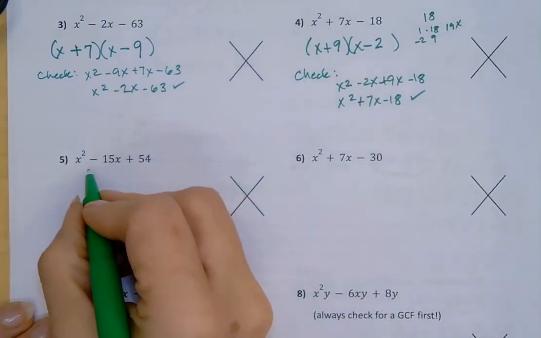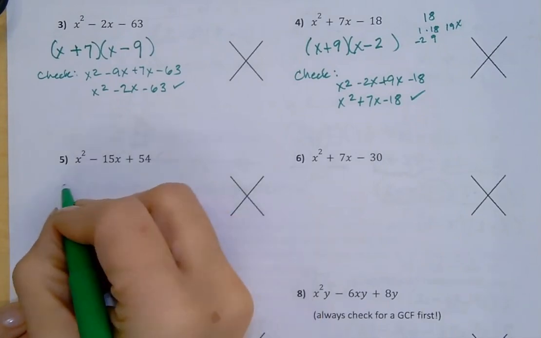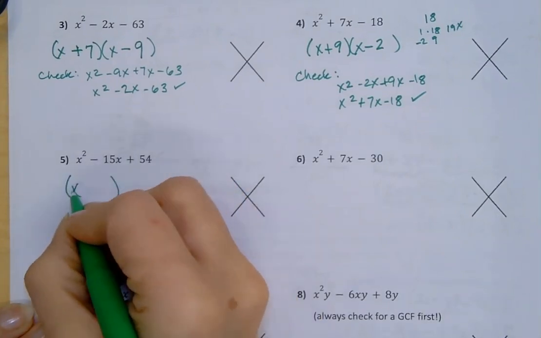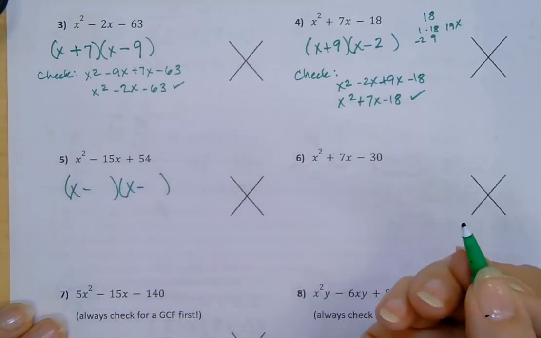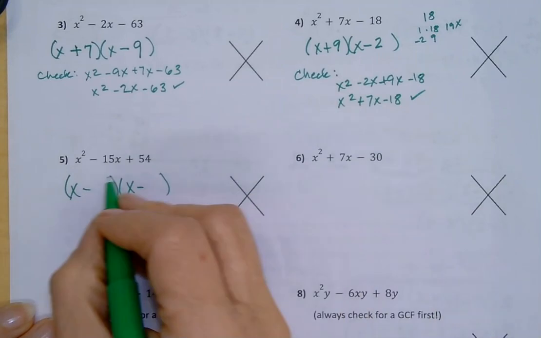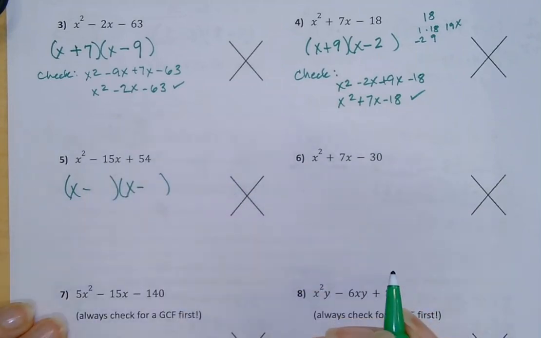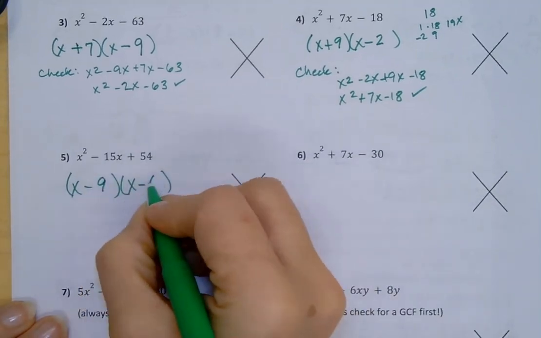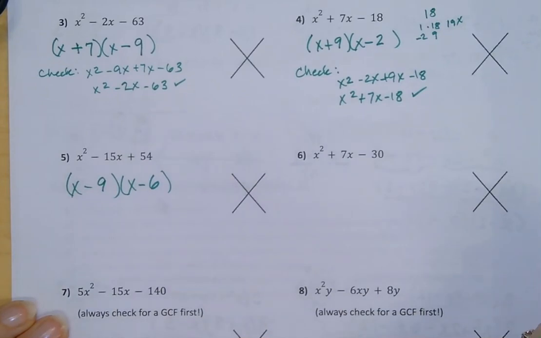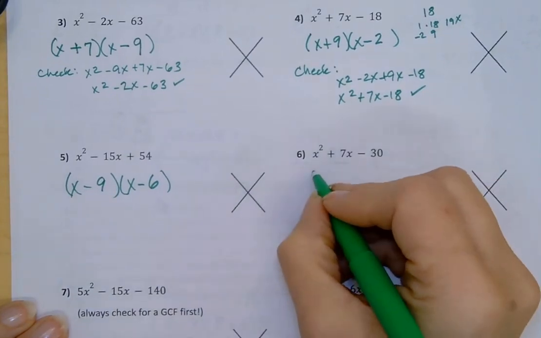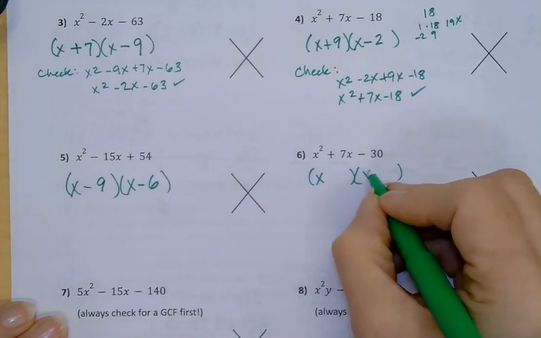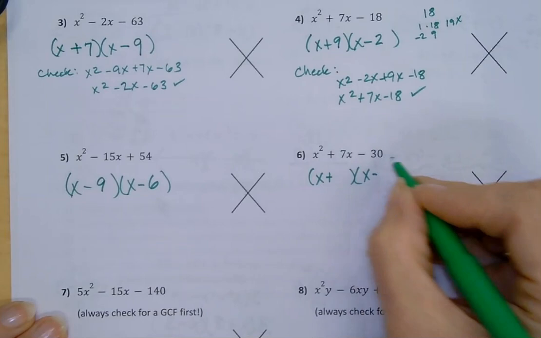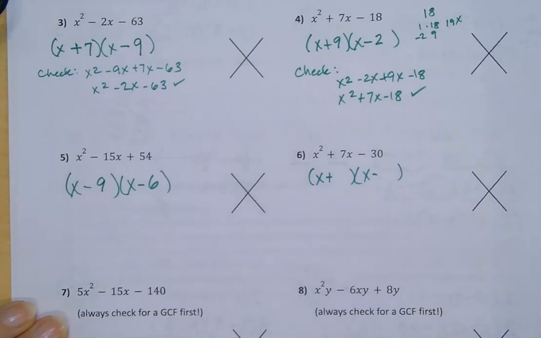Okay, x squared minus 15x plus 54. I know already that I need two negative numbers to get a positive product, right? And then I want to add them together and have a negative in the center. And I know it's 9 times 6, right? Okay, over here I have x, x. I'm going to have a plus and a minus because that's how I get a negative over here.